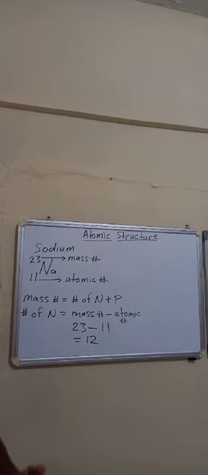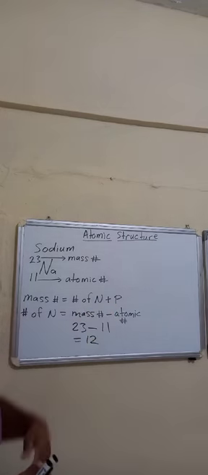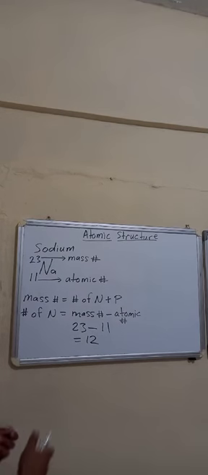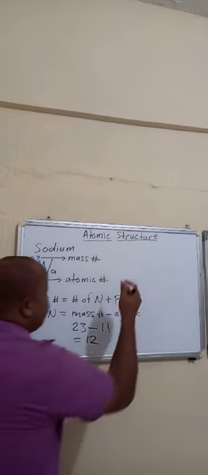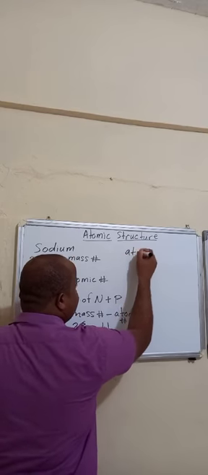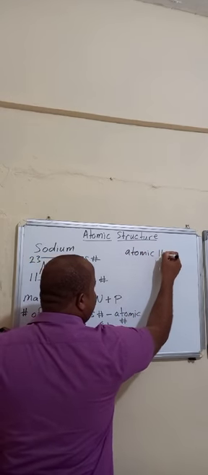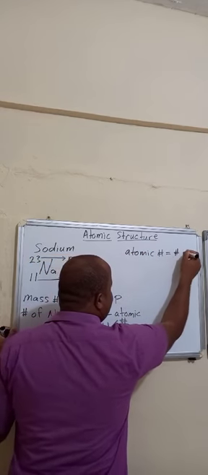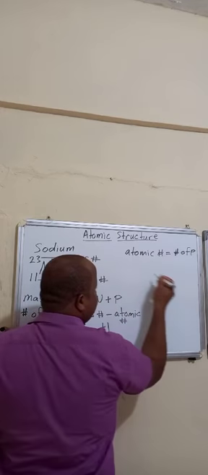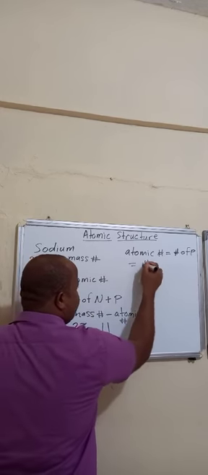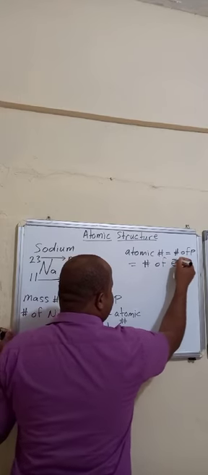The number of protons and electrons in the atom are equal. So the atomic number is equal to the number of protons, which is also equal to the number of electrons.